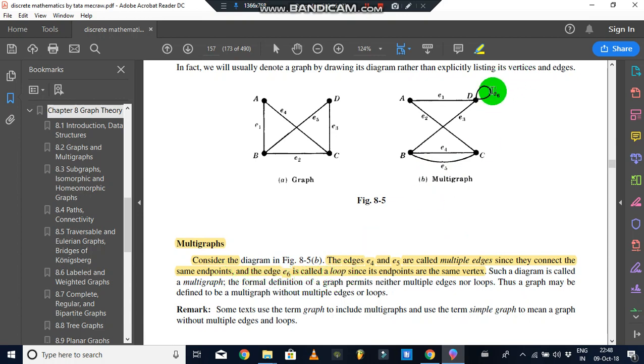I already told you about loops, self loops. This is known as a self loop since its endpoints are the same vertex. Such a diagram is called a multigraph. Remark: some texts, using the term graph to include multigraph, use the term simple graph to mean a graph without multiple edges and loops.